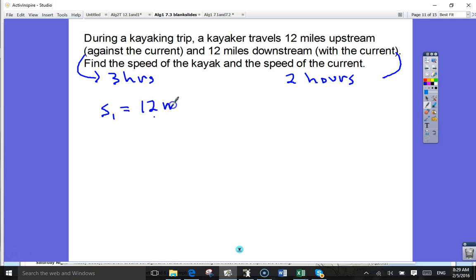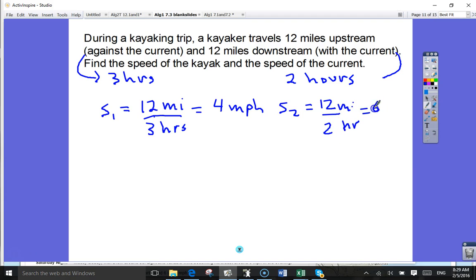12 miles in 3 hours is 4 miles per hour, right? And then on this one, this is the S2. We've got 12 miles over 2 hours, which is 6 miles per hour.